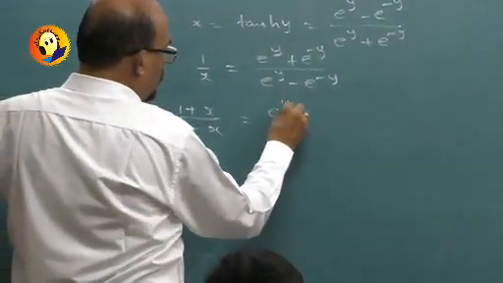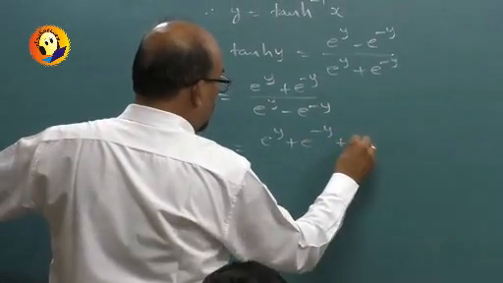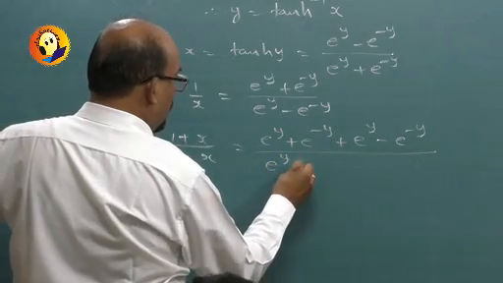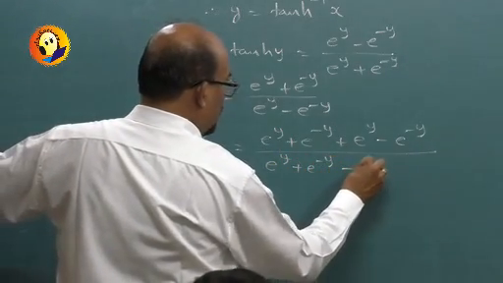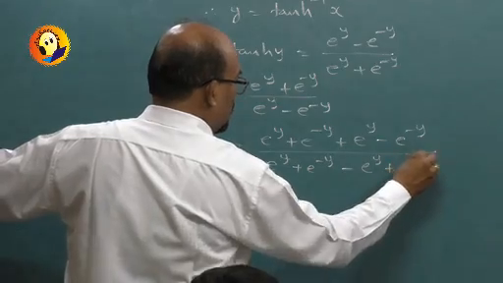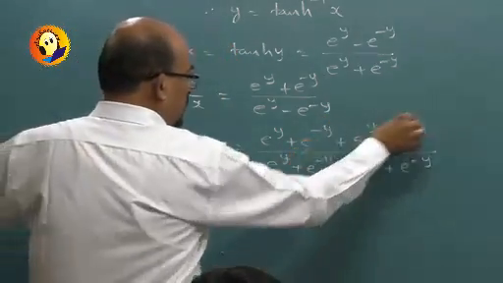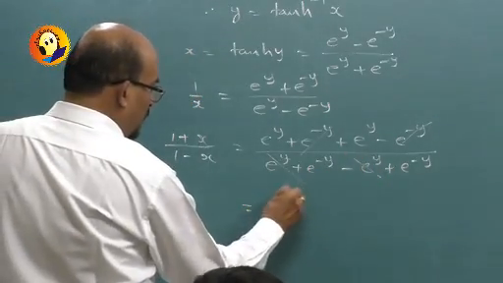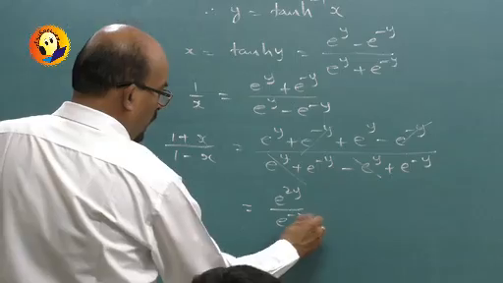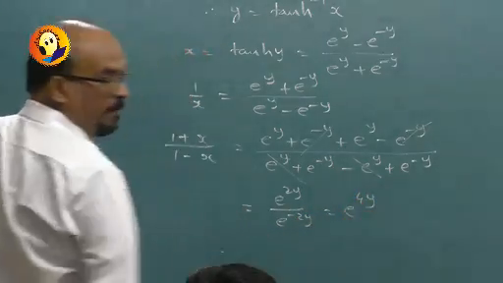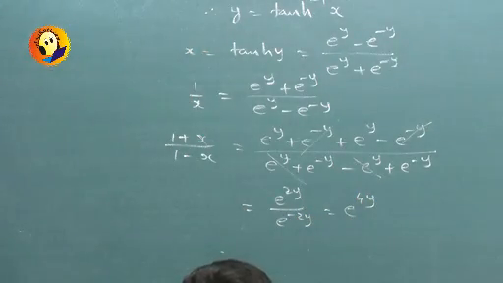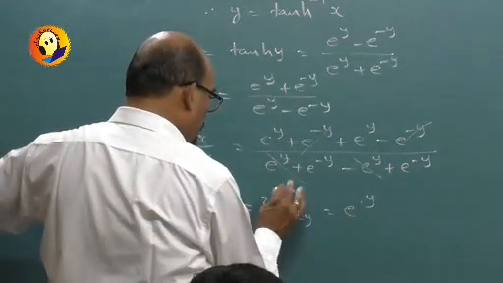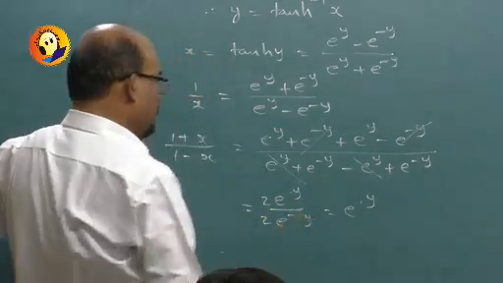Equal to e raised to y plus e raised to minus y plus e raised to y minus e raised to minus y, upon e raised to y plus e raised to minus y minus e raised to y plus e raised to minus y. So here e raised to minus y will cancel, here e raised to y will cancel. It is 2 e raised to y upon 2 e raised to minus y, sorry.